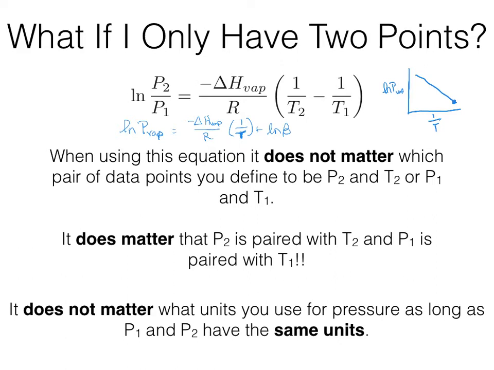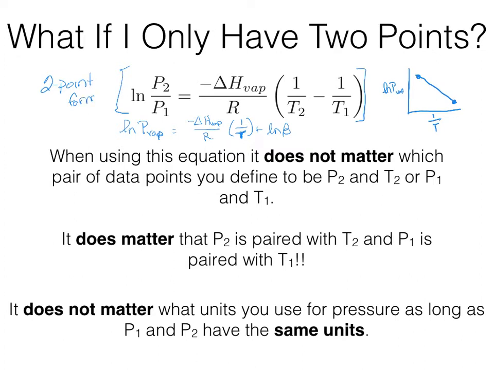Well, if we only have 2 data points, we can think about connecting those with a line. And algebraically, the way that this derives out gives us this form of the Clausius-Clapeyron. I like to call this the 2-point form.